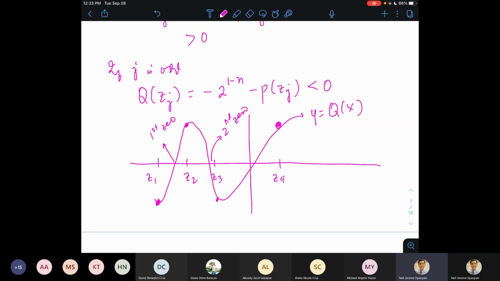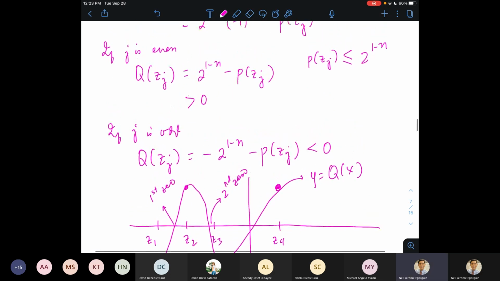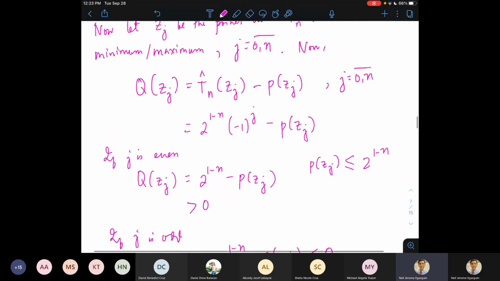So how many times did we get a maximum or minimum? Remember, we always get a maximum or a minimum from 0 to n. And there would be a total of n plus 1 such incidences. So ibig sabihin, na-attain natin yung maximum at saka yung minimum on n plus 1 points. So kung meron kang n plus 1 points, ibig sabihin dapat n times ka dadaan sa x-axis. Kasi meron kang n plus 1 points na positive at saka negative kung saan nagbabago yung sign.